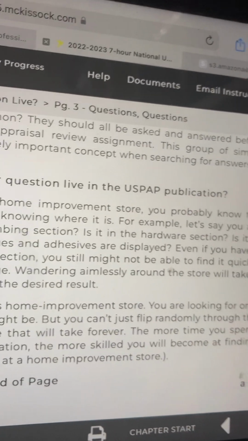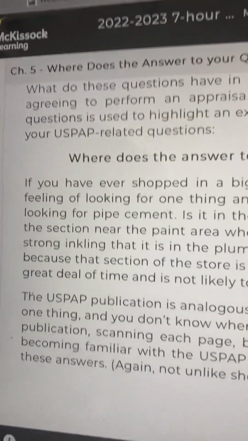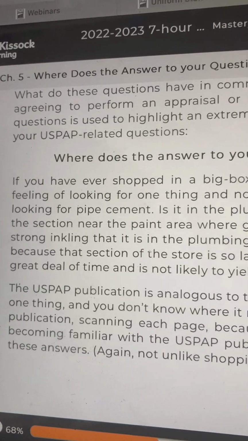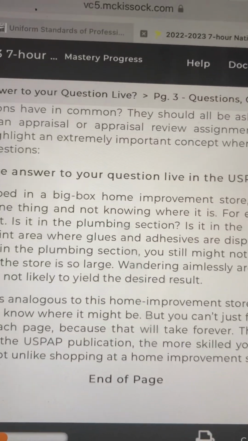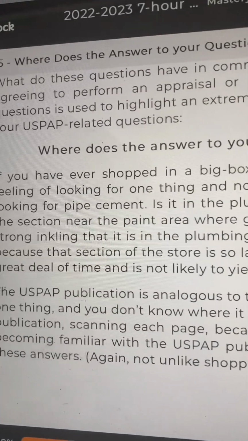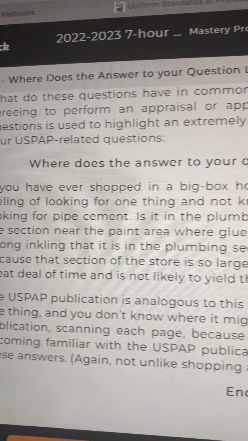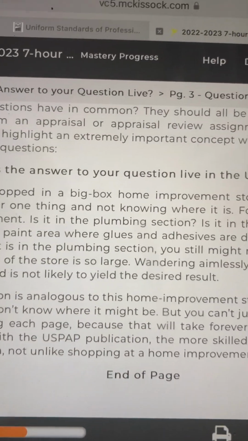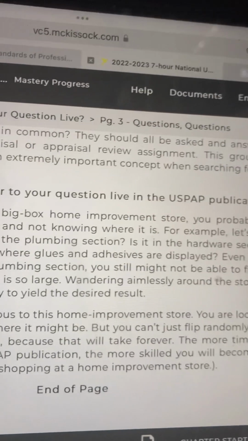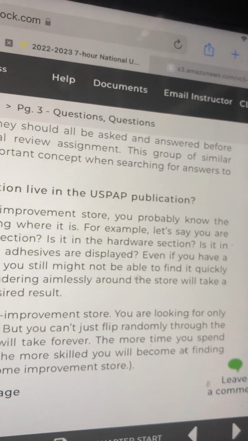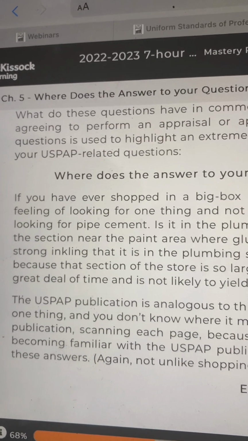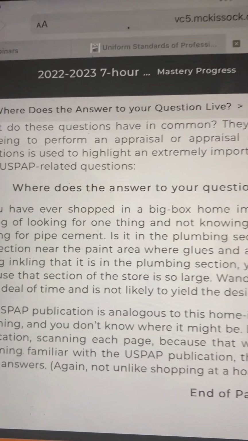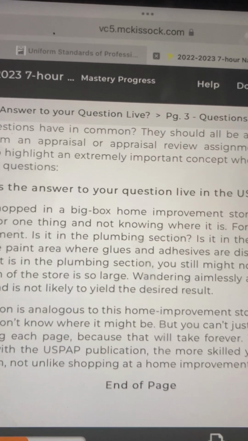Wandering aimlessly around the store will take a great deal of time and is not likely to yield the desired result. The USPAP publication is analogous to this home improvement store. You are looking for only one thing, and you don't know where it might be.